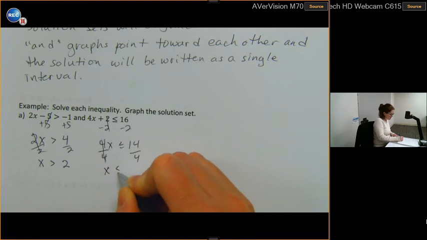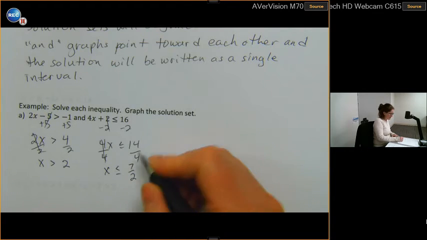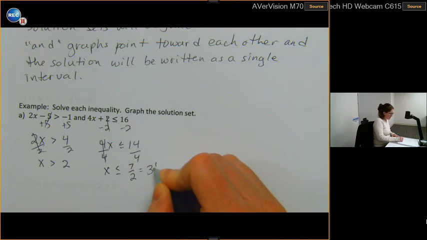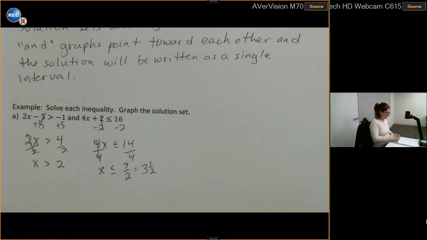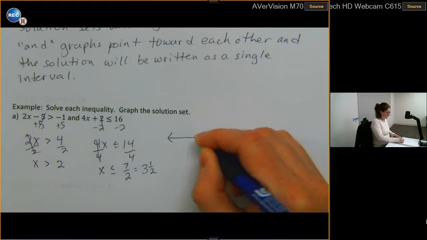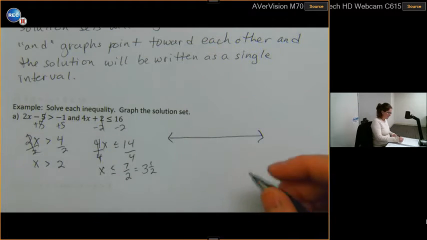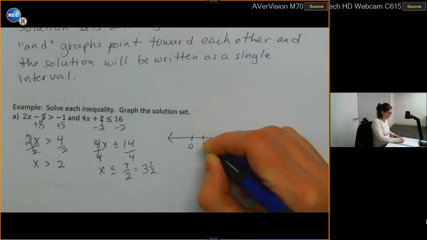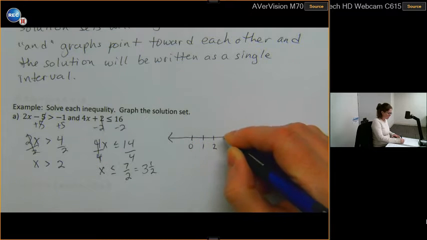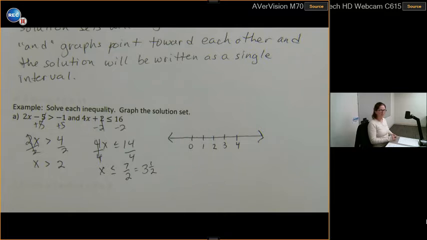Here I have a fraction, and I'm going to leave it in simplified form, 7 over 2, which as a mixed number is 3.5. We need to graph. So I have x is greater than 2. I also have x is less than or equal to 3.5.